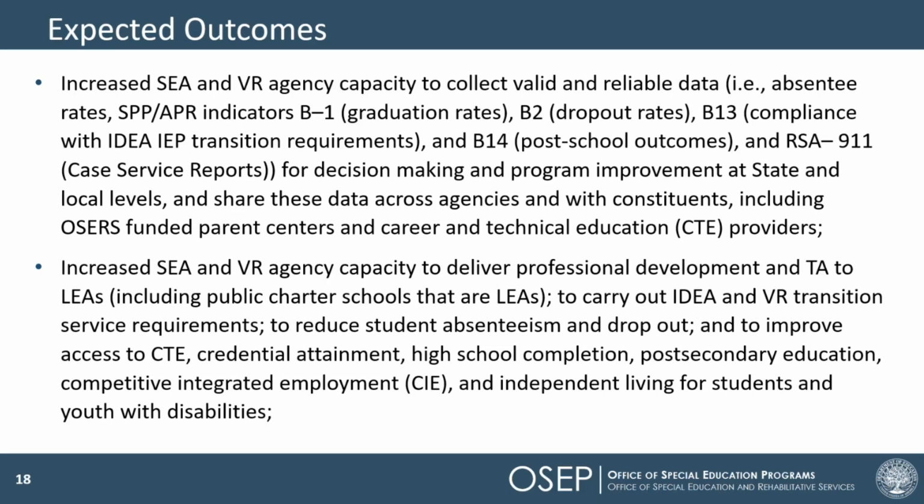Slide 18, expected outcomes: increased SEA and VR agency capacity to collect valid and reliable data, which includes absentee rates, SPP APR indicators B1 graduation rates, B2 dropout rates, B13 compliance with IDEA IEP transition requirements, and B14 post-school outcomes, and RSA 911 case service reports for decision-making and program improvement at state and local levels, and share these data across agencies and with constituents, including OSERS-funded parent centers and career and technical education providers.